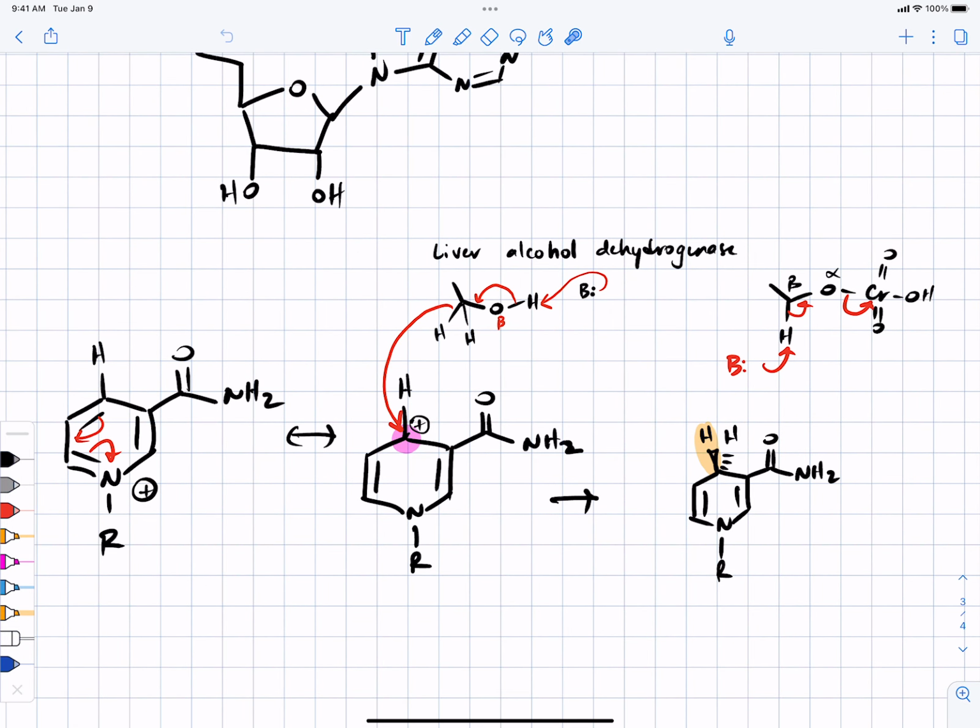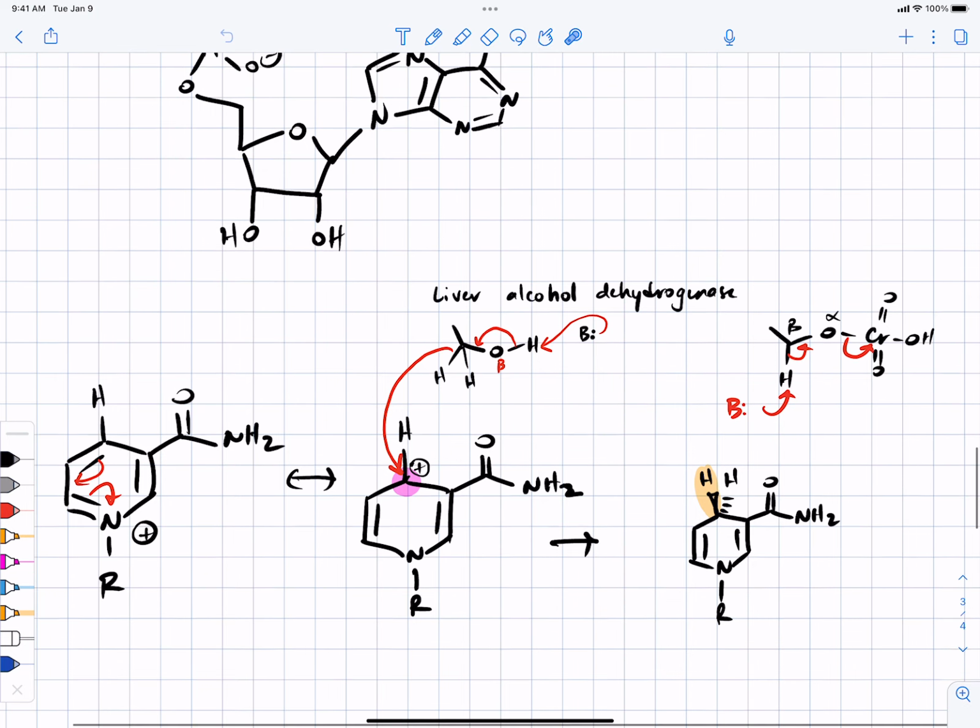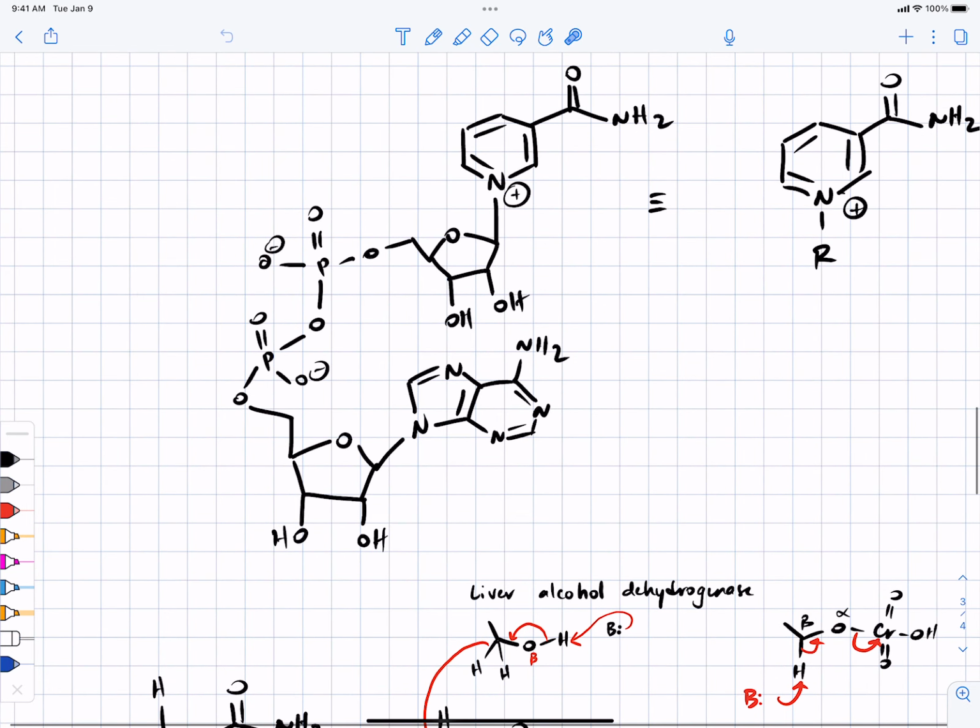One interesting thing about the reagent NADH that we're not totally there to talk about, probably won't be till 352, is that if you look at the reagent before the reduction reaction, you've got a fully conjugated ring. Each of these carbons is sp2 hybridized, so is the nitrogen.